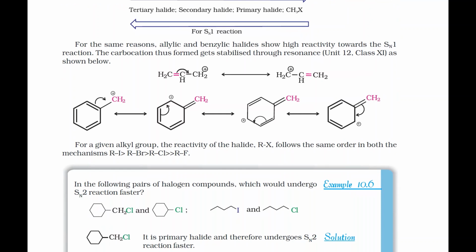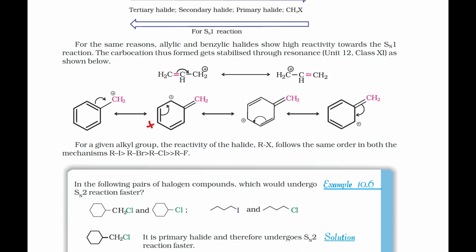And if you can see this benzylic, this also gets stabilized by the resonance. What happened? Positive charge is over this carbon, so it tries to take these two pi bonded electrons here. Then I get a double bond over here, then here positive charge. That's what is seen here. Once there is a positive charge near to a carbon, it tries to take the pi bonded electrons which are loosely held towards that side.